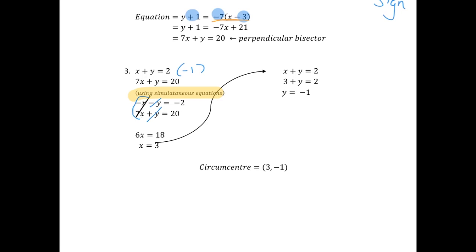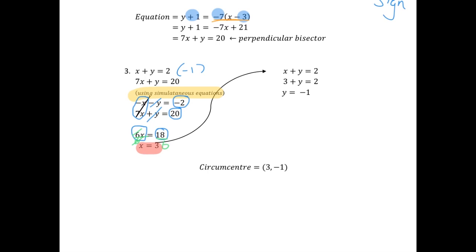A minus x plus a 7x leaves us with 6x, and minus 2 plus 20 gives us 18. Then we can just divide by 6. Cancelling on the left leaves us with x equal to 3.